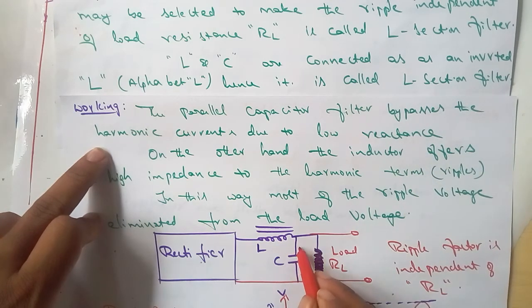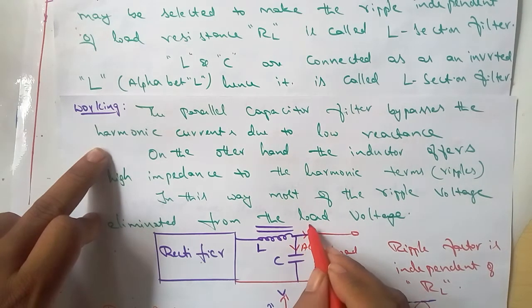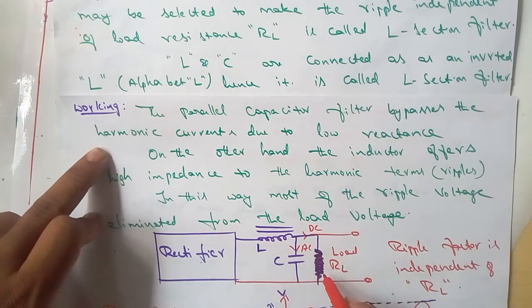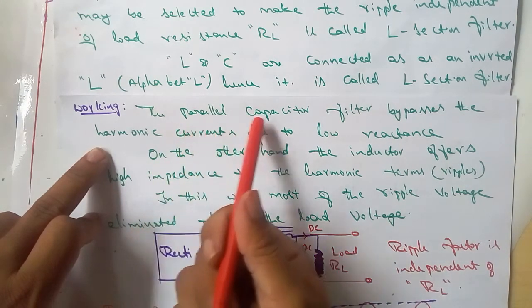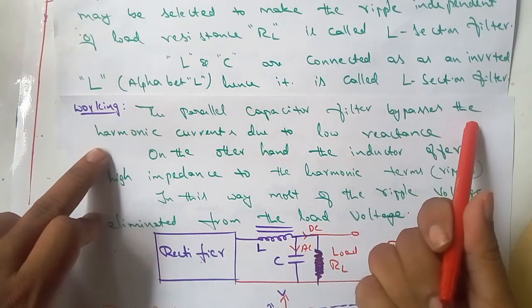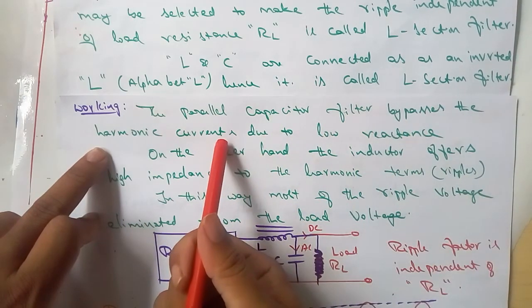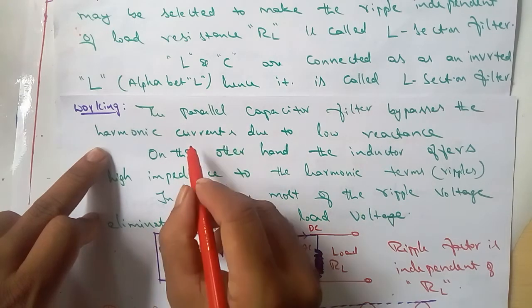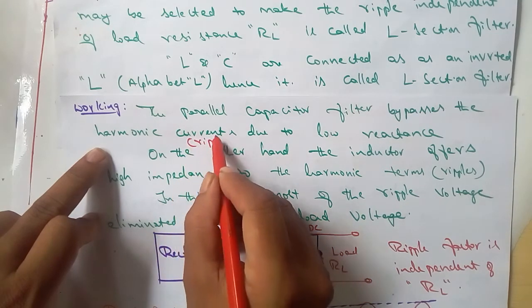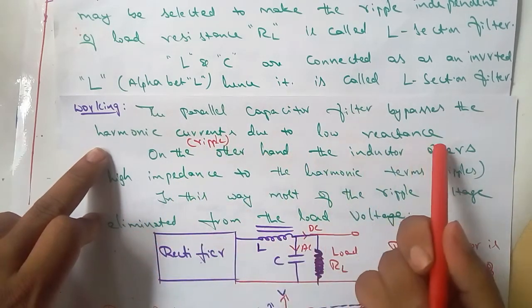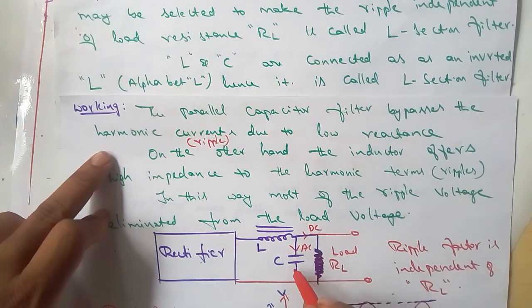That's why only AC moves in this direction, but DC does not. DC flows towards the load. So these are called ripples, due to low reactance, XC small.